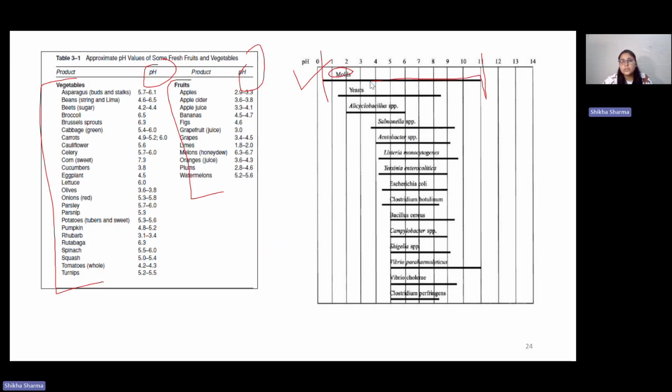Then yeast, and then Alicyclobacillus species, and most of the bacteria grow mostly at a pH above 4 up to 9, around neutral pH.